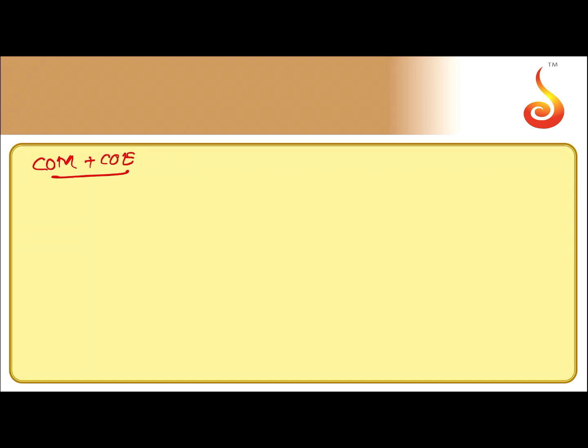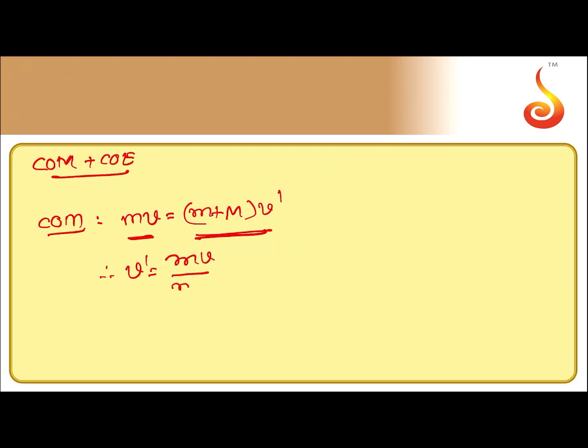Now let us apply the conservation of momentum, according to which initial momentum is equal to final momentum of the system. So this is the initial momentum of the disk, mv. Final momentum of the system is (m plus m) into v dash. So v dash is equal to mv divided by (m plus m). So that's the speed with which it starts moving.